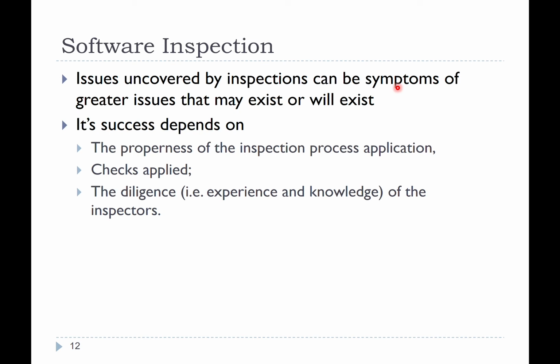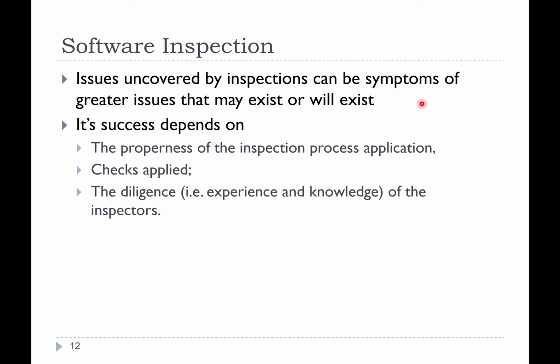If I have a constant that is not capital, maybe that's going to cause me a problem later on, because maybe somebody else in the project who didn't create that variable is starting to use it, making the assumption that this is a variable that is going to be changing, but it's not changing, it's constant. Okay, so a lot of times the defects that we flag tend to be symptoms of much bigger issues.